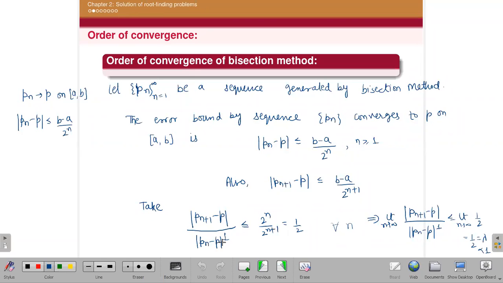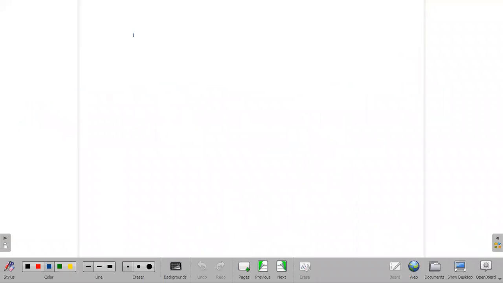Now what will happen if we take alpha equal to 2? If we again get a decreasing sequence, then we will say the bisection method gives second order convergence. So first we check for alpha equal to 2.